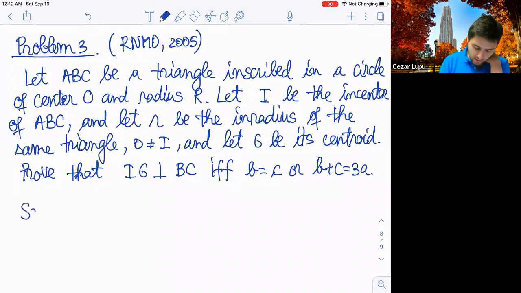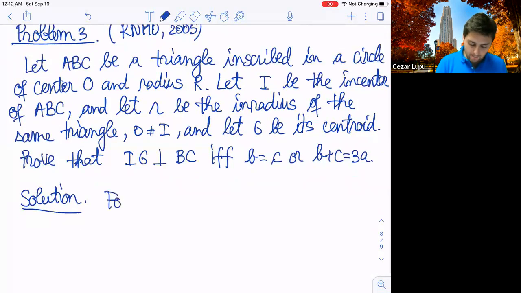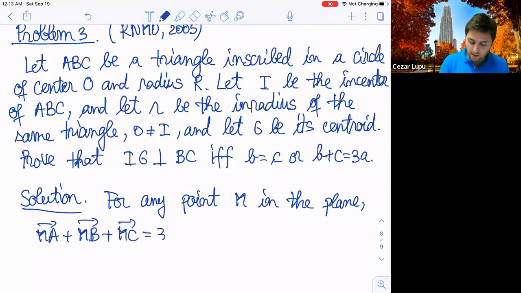using vector geometry. And let me remind you that we have a bunch of relations that I told you, right? For any point M in the plane, we know that MA vector plus MB vector plus MC vector is 3MG vector.